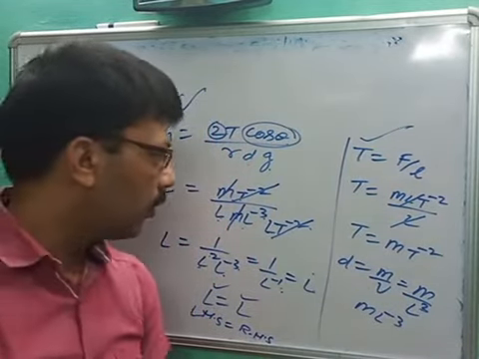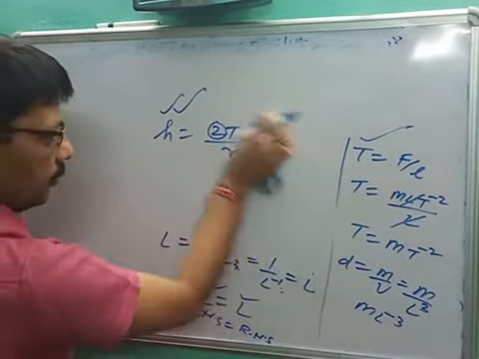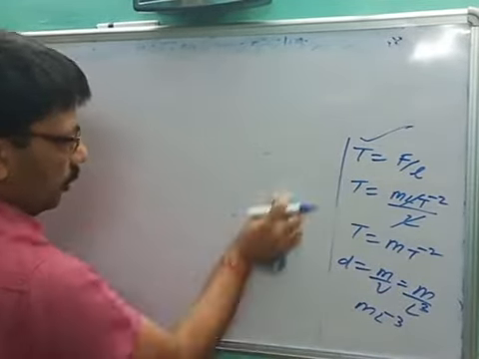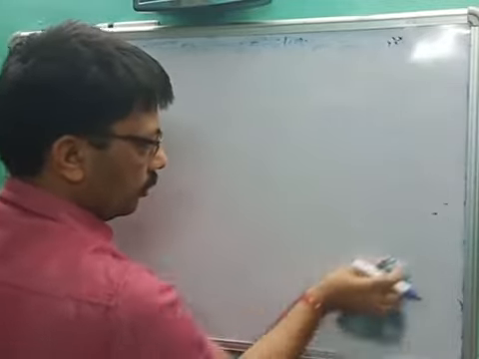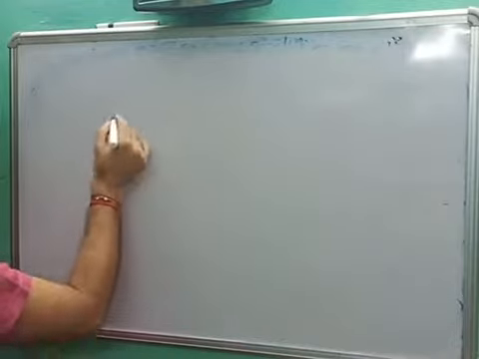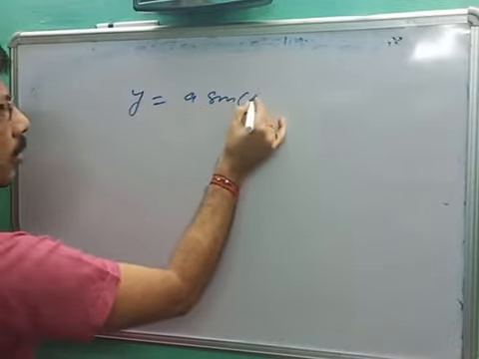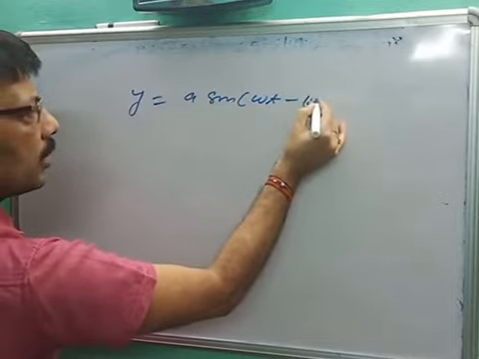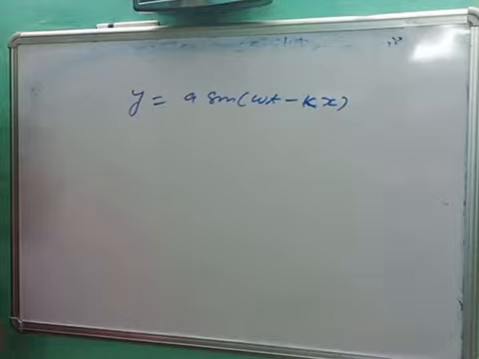Okay, some more questions we can put as examples here, then you can solve questions given in different books. Let's suppose you are given y is equal to a sin(omega t minus kx). That is a critical question given in different books like DC Pandey.